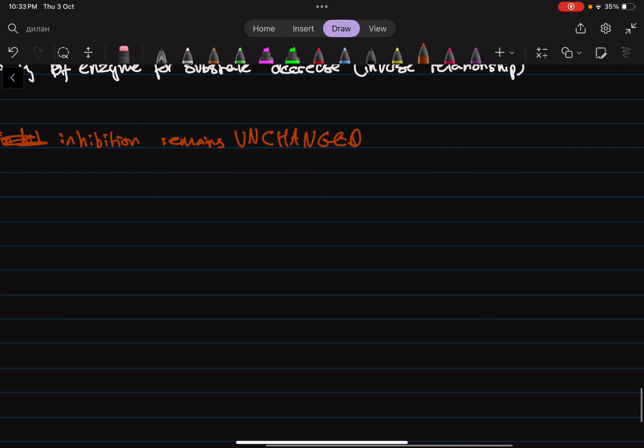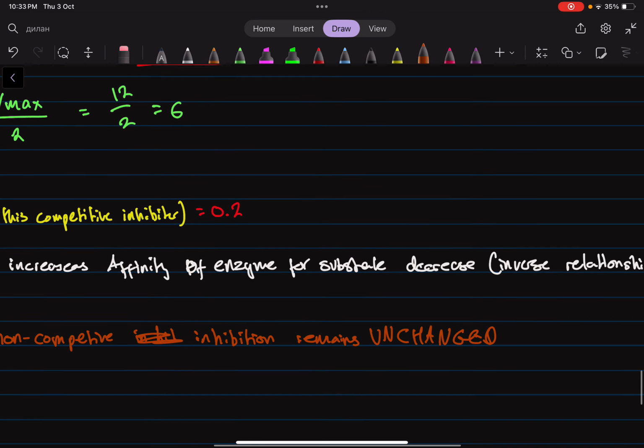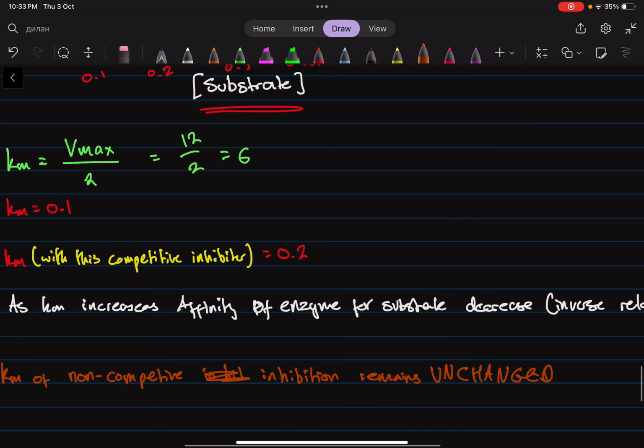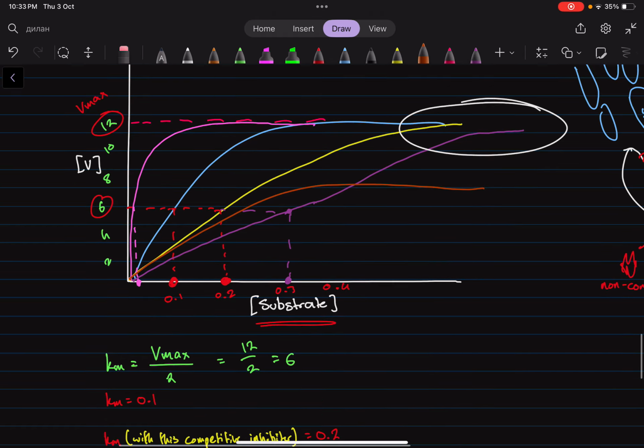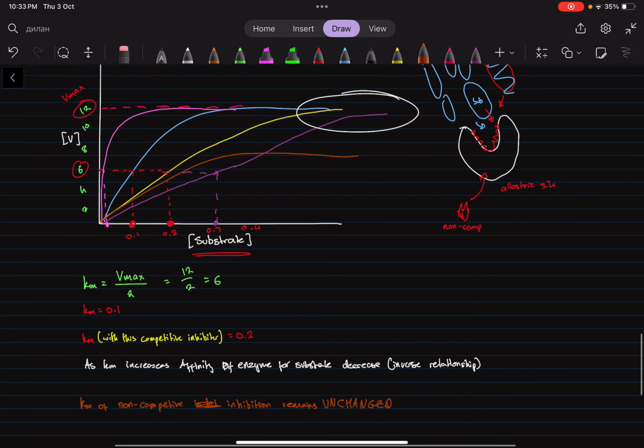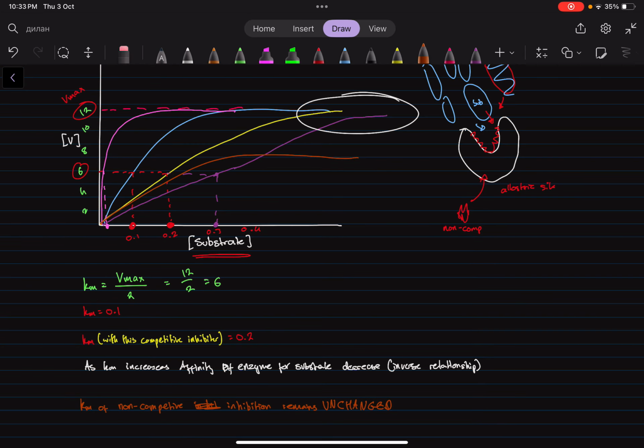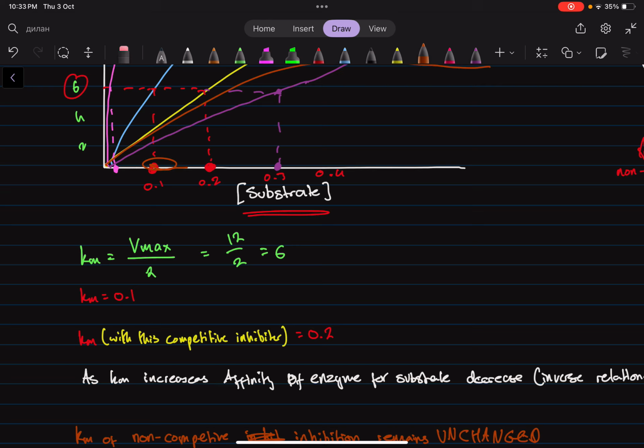It still wants the substrate just as badly, but it's just been non-competitively inhibited, so it can't get to it, right? So yeah, that's basically pretty chill, right? Vmax over 2 and Km is a substrate value on this x-axis, Km is on the x-axis. That's basically it. Cheers.